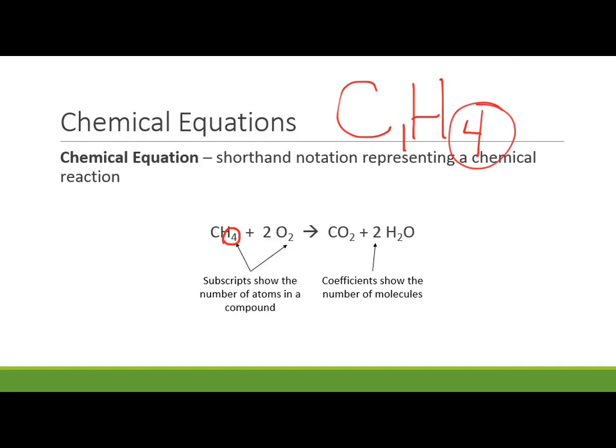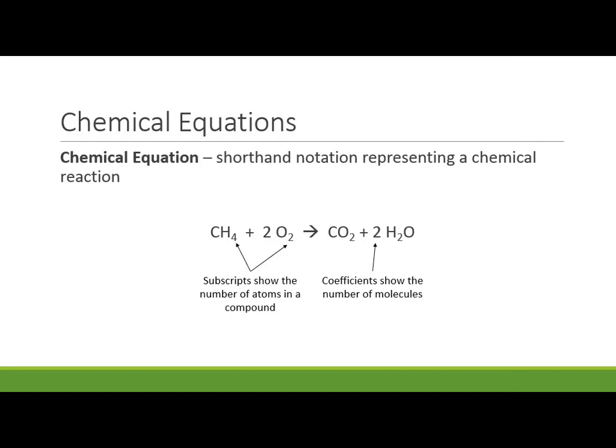So here we have O2. That means that we have 2 oxygen atoms chemically bound to each other. But you'll notice that in front of that we have this lovely little 2 that refers to the number of those actual molecules that we have. So those are the coefficients. And again, if it's not written, it's implied that it's a 1.